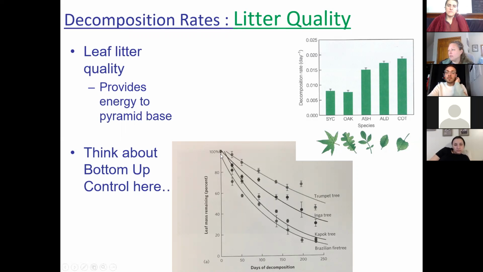So, the steeper that slope is, probably the better quality it is for bacteria and fungus to work on it. This slope being less steep suggests that more of it is remaining. So I would suggest here that the trumpet tree has probably tougher leaves than, say, the Brazilian fire tree.